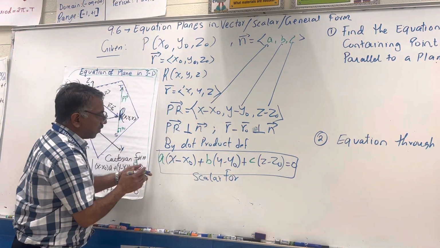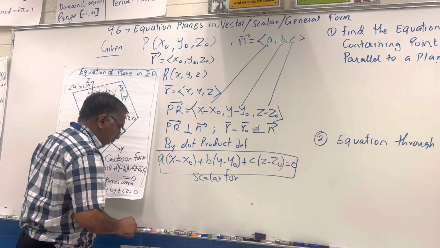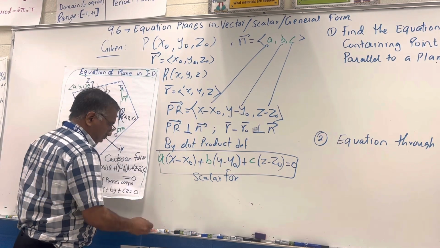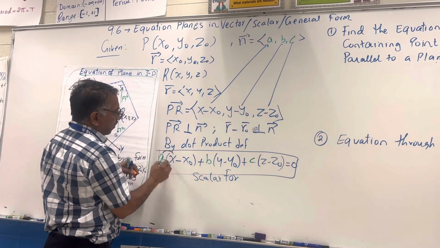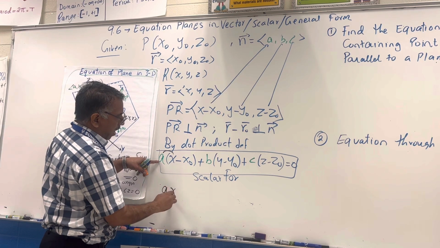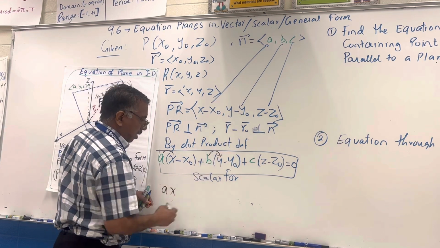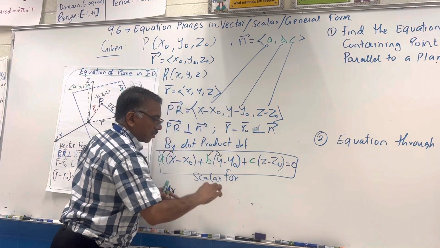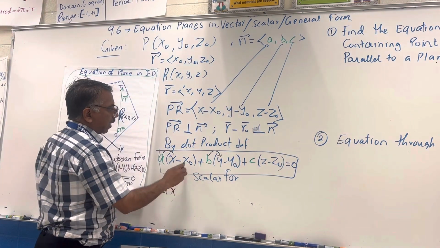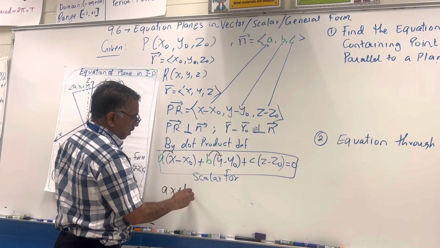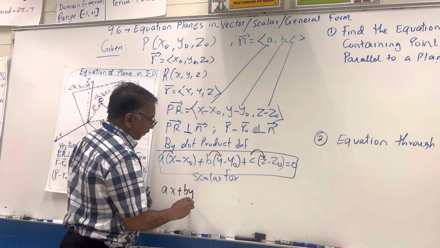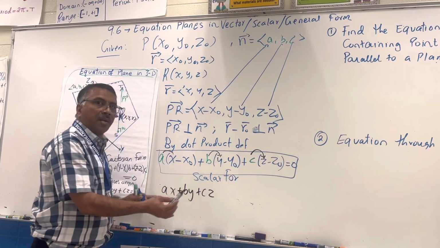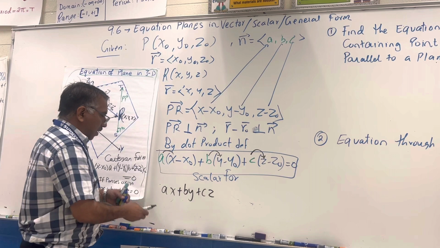And then I'm going to use the distributive property. If you use the distributive property, you can combine this AX, then this BY, then this CZ, we can put them together, and then you can use the other one.